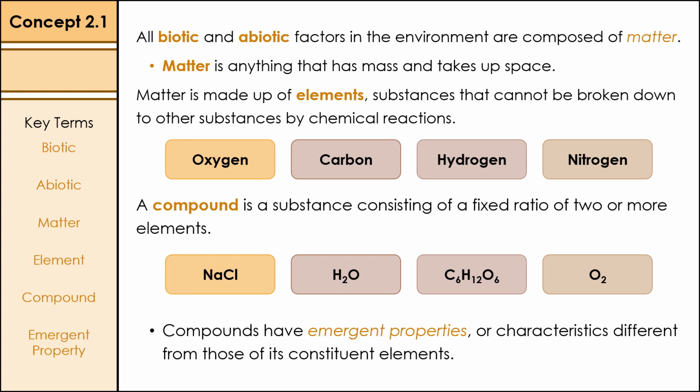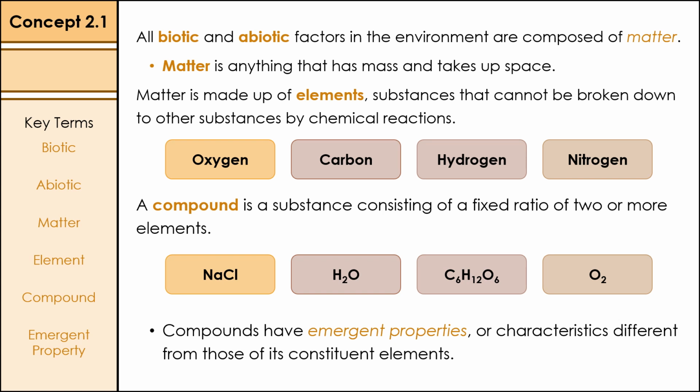So we're going to see things like salt, water especially, simple sugars like glucose, fructose, oxygen gas, all of these things that play relatively large roles in our survival on Earth.